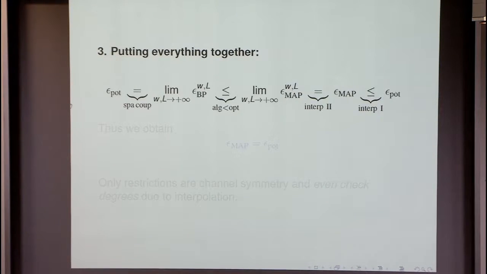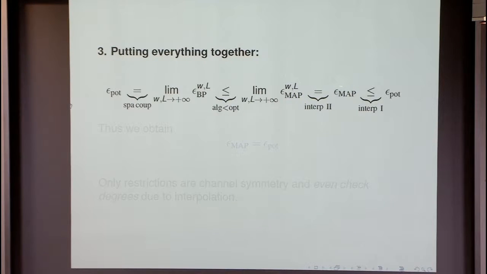Okay. So, and now we put everything together. So that's where things hopefully happen and become clear. So we prove by spatial coupling that the BP threshold of the spatially coupled system is equal to the potential threshold. Now, because this is an algorithmic threshold, it's less than the map threshold of the coupled system.